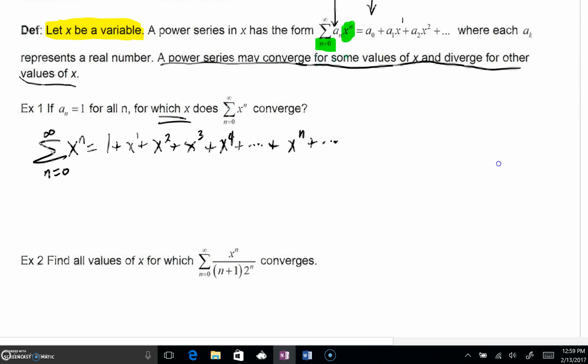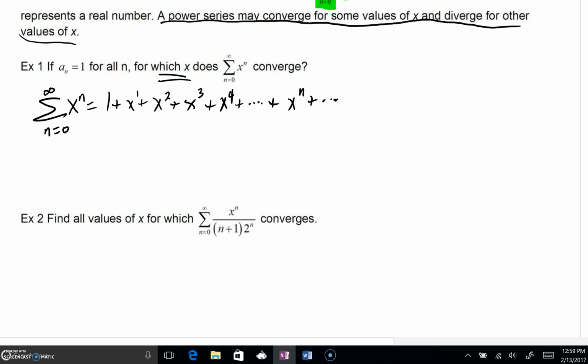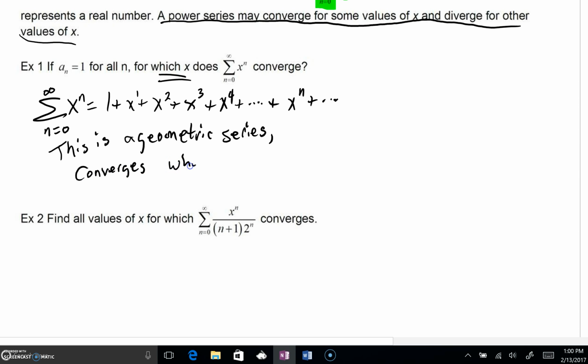So we look at example 1, and this is certainly a geometric series. It converges when the absolute value of our common ratio, in this case the absolute value of x, is less than 1.